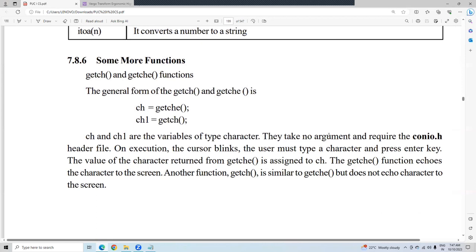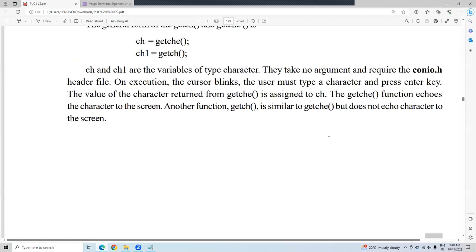The getch and getche functions are used to read one character from the keyboard. Whatever letter you type from the keyboard will be accepted and stored into those variables to work further. For this, you have to include conio.h. CON stands for console, input output .h.